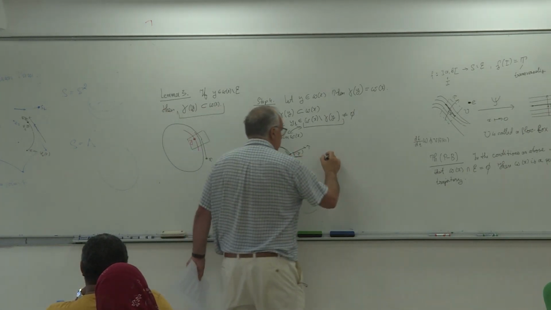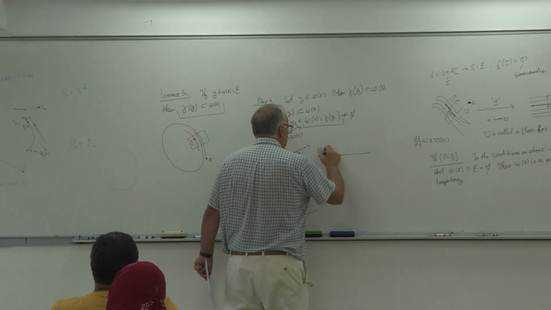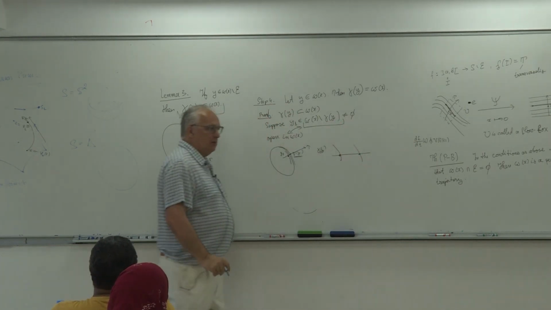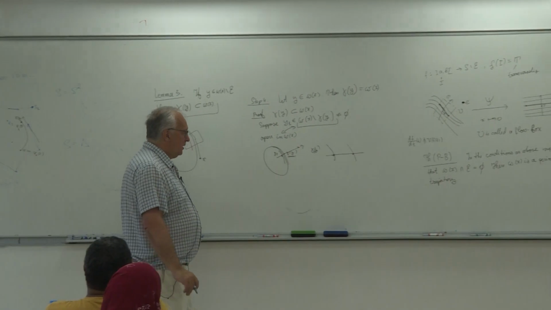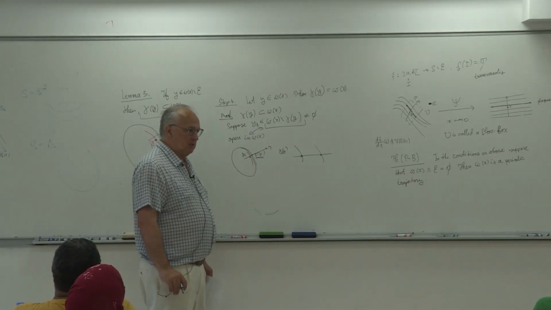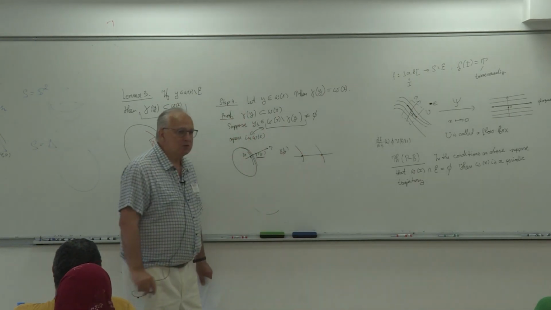So let me make the picture here. The trajectory gamma of y intersects your transversalis in many distinct points, in fact. But what we know is that a trajectory intersects a transversalis by a monotone sequence.